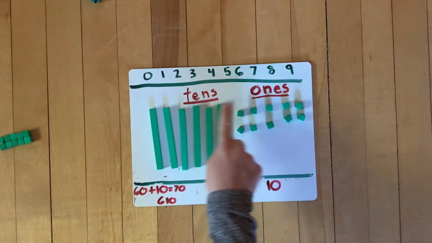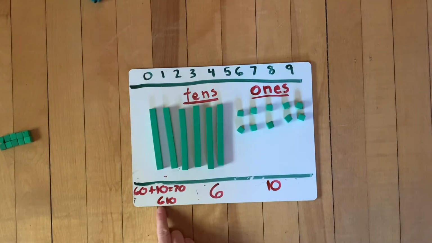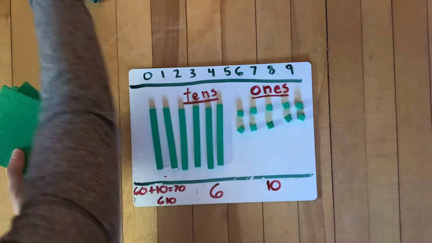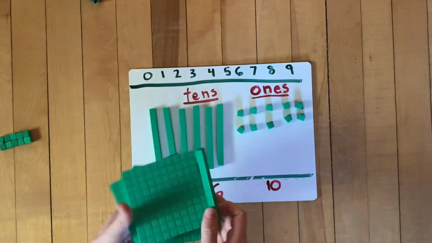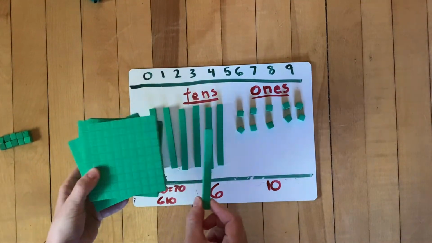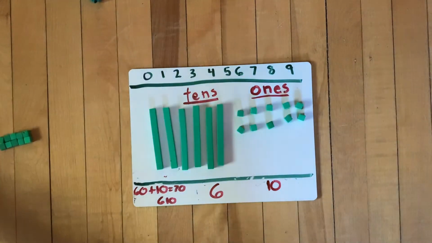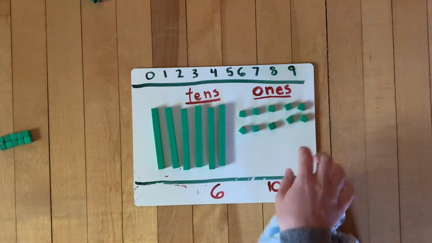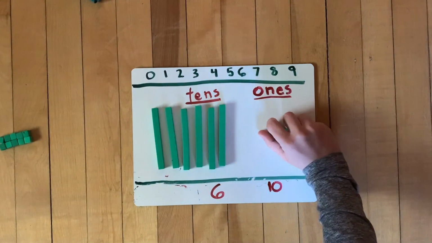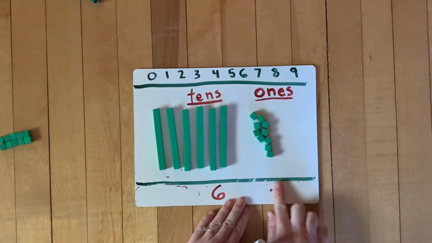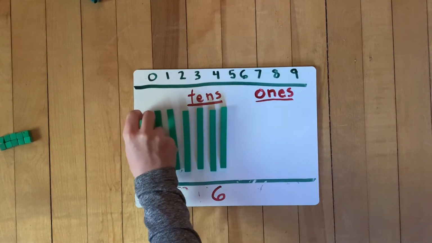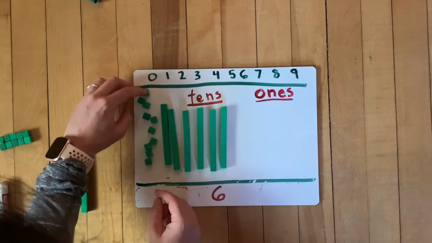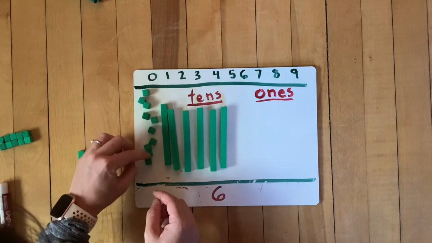2-digit numbers are made up of tens and ones. Once you get this third digit, you're into the hundreds. This shows 610, and that is not how many salmon I have counted. So I'm going to take these 10 ones, and I'm going to bring them over to show that they are a group of 10. 1, 2, 3, 4, 5, 6, 7, 8, 9, 10.